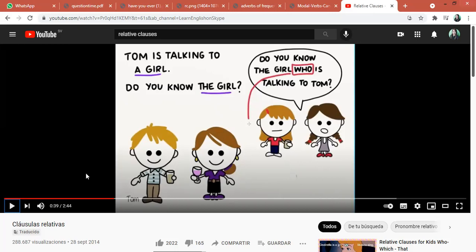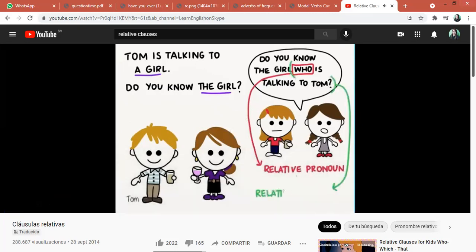It says, do you know the girl who is talking to Tom? If you notice here, we don't repeat the word girl again. Who is a relative pronoun. Who is talking to Tom is a relative clause.